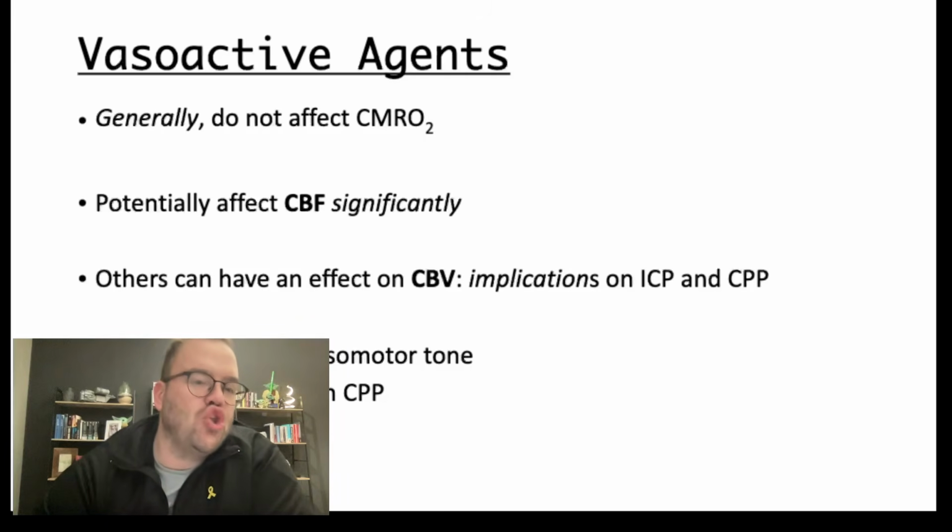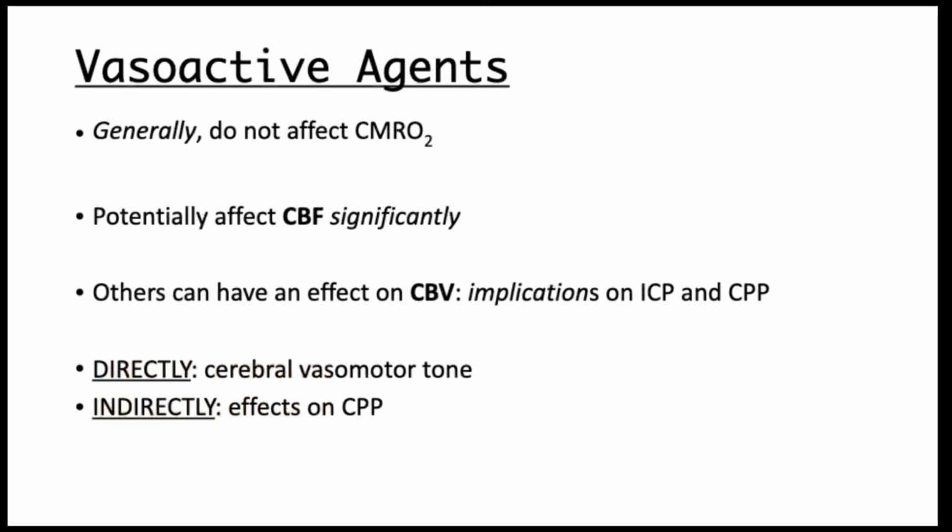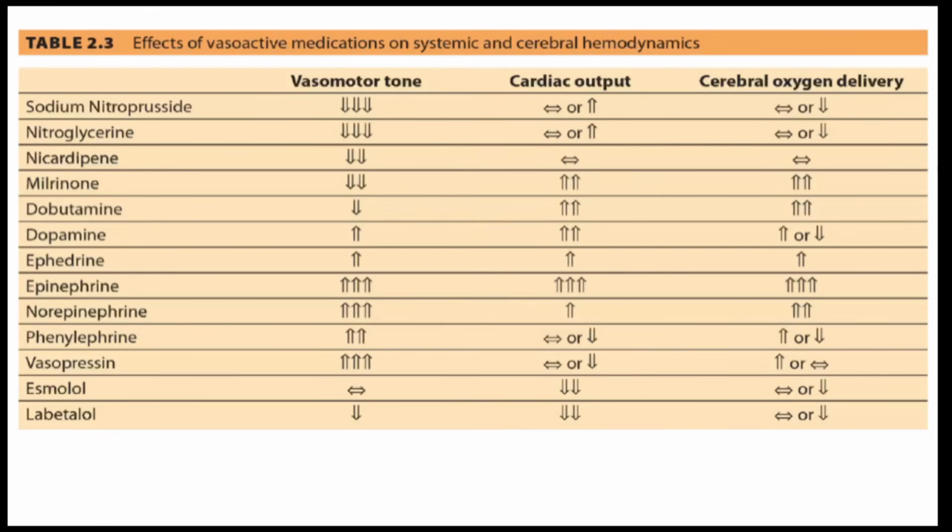Vasoactive agents, so your noradrenaline, adrenaline, phenylephrine, etc., okay? Generally, they do not affect cerebral oxygen consumption. They can affect cerebral blood flow as they impact on mean arterial pressure and cardiac output, okay? Their direct effect, though, on the cerebral vasculature is limited.